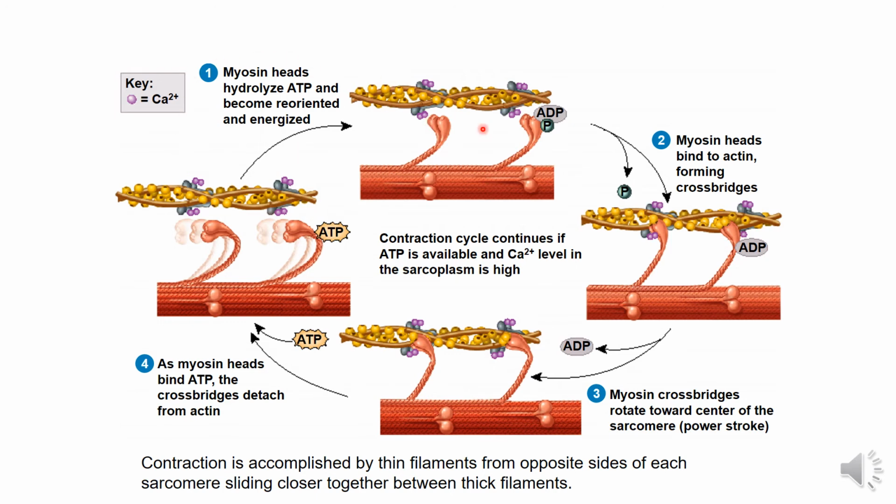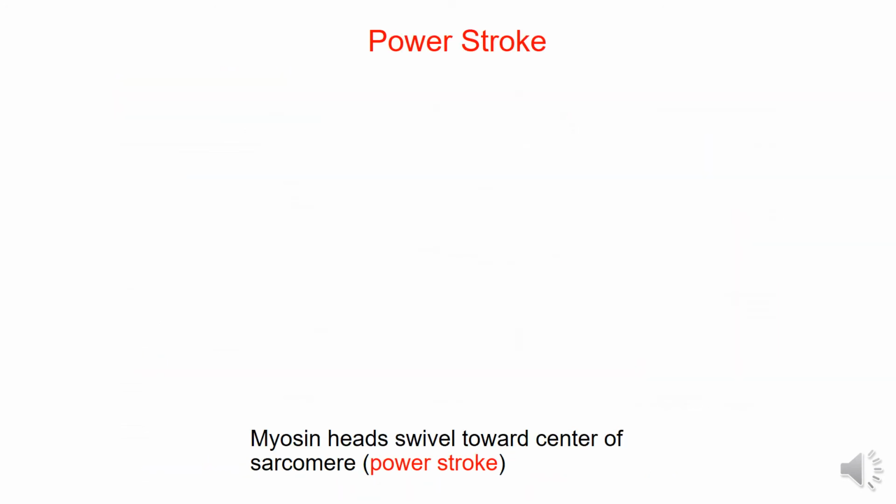Into ADP and phosphate. Release of phosphate produces binding. Release of ADP produces bending, and complete binding with one ATP molecule leads to detachment of the head of myosin from the binding sites on actin. Contraction is produced by the sliding of actin over the myosin, or the thin filament over the thick filament.